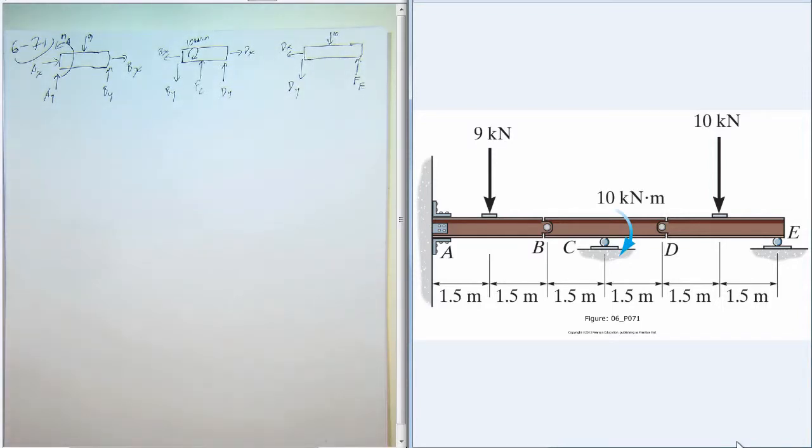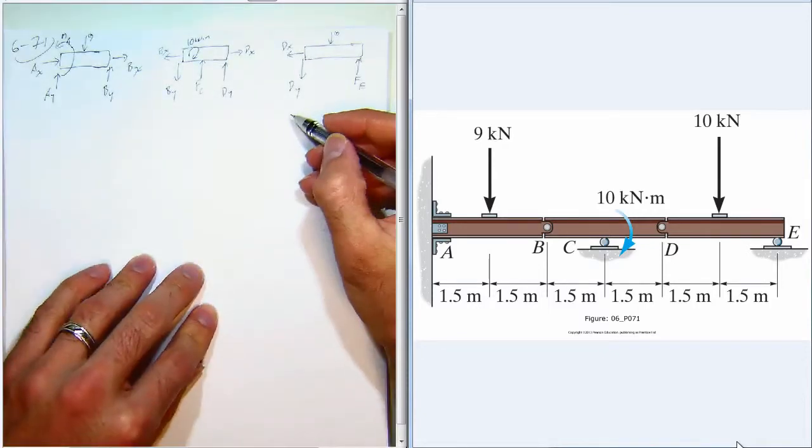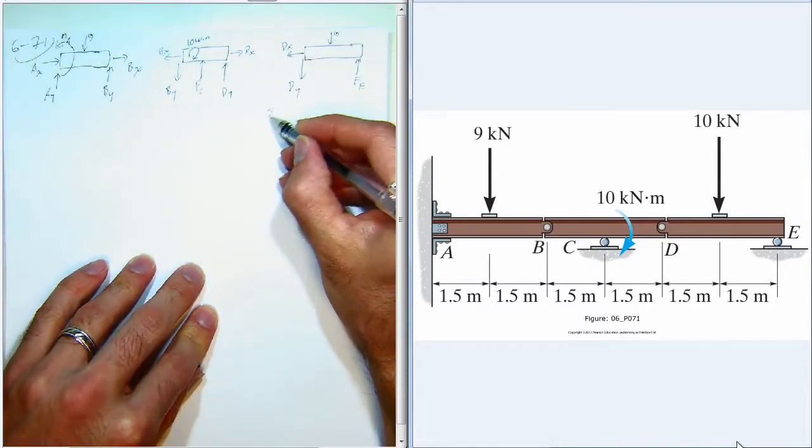And so we want to start with one of these parts that has the fewest unknowns. And so that would be DE. There are 3 unknowns for that member, and so we can solve for those 3 unknowns using our equations of equilibrium for this rigid body, that is body DE. So we'll go ahead and start over here with the forces in the y direction.